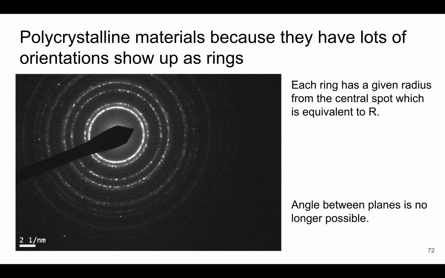That's from the fact that these polycrystalline materials have not only one orientation, but lots of orientations. That's why you can think of them as a rotation around the central spot, but the radii will be the same. So each ring here that we see is that given R value.